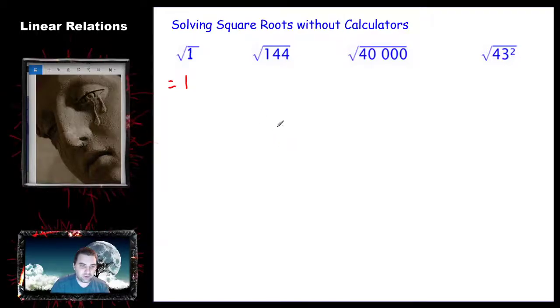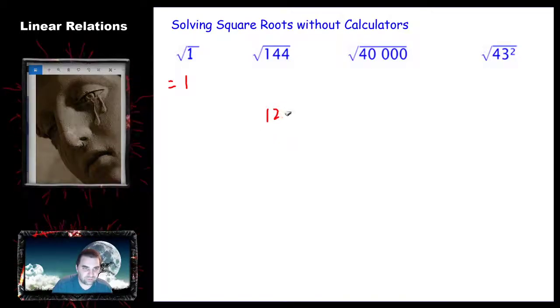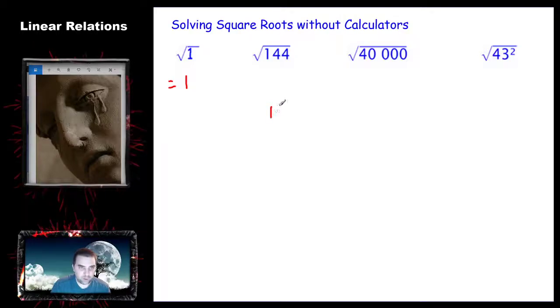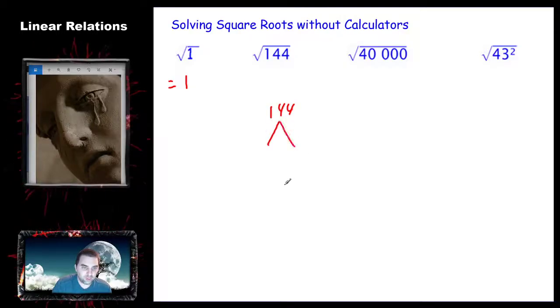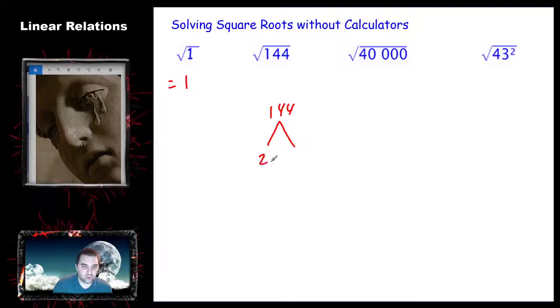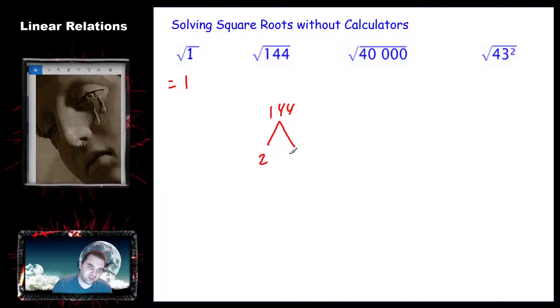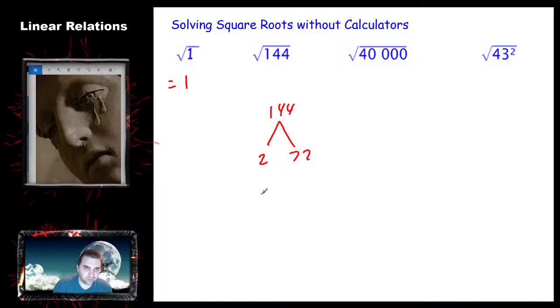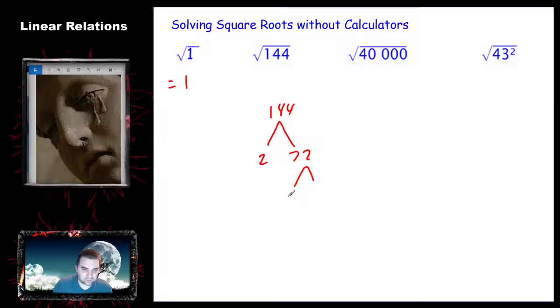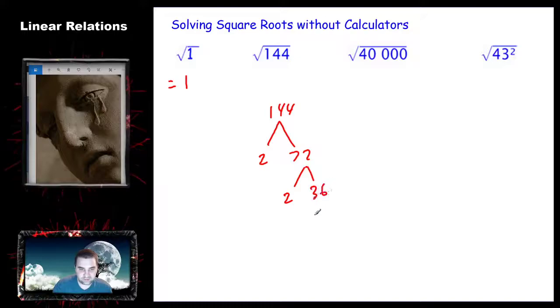And if you don't believe me, you can break that down yourself. 144, break it down to two different things. 2 and whatever that is divided by 2. What would it be? It would be 72. Is that right? Yeah, sounds right. Okay, and break that down further. Let's break that down into 2. So that would be 36.